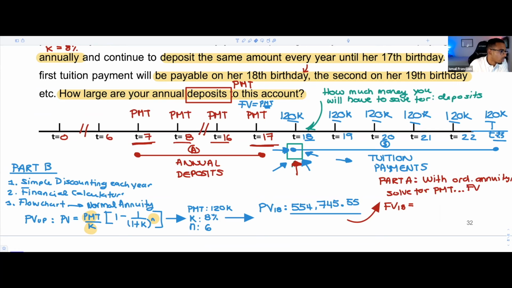Yeah, so the formula for your ordinary annuity is going to be just like this.